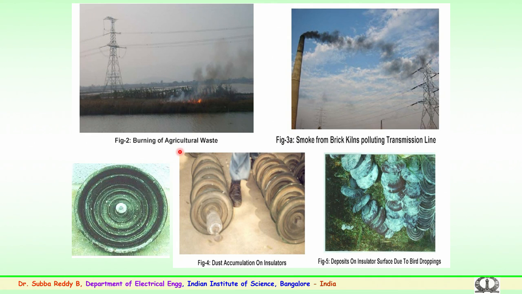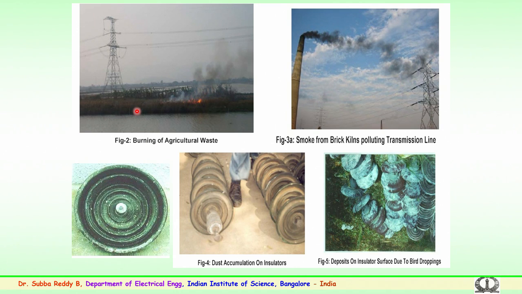This shows the artificial or man-made problems for the insulator strings, which could fail much before their life. The reason may be the burning of agriculture waste in particular areas, like sugarcane or many other crops.